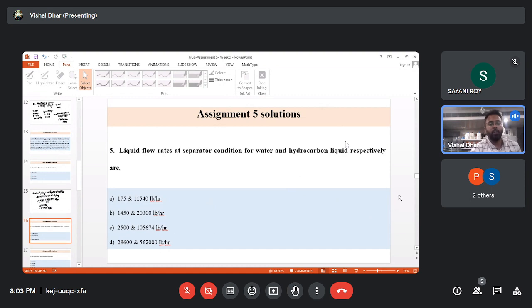The next question is: liquid flow rate at separator condition for water and hydrocarbon liquid respectively are: option A 175 and 11540 lb per hour, option B 1450 and 20,300 lb per hour, option C is 2500 and 1,55,670 lb per hour, and option D is 28600 and 562,000 lb per hour. These are the four options. Just try once from your end, then I'll be solving it.